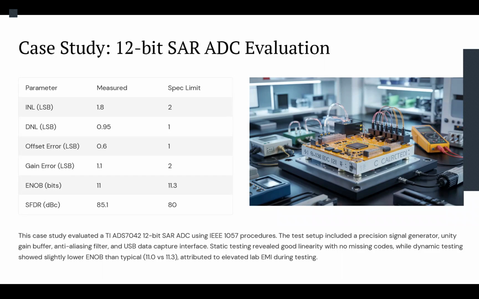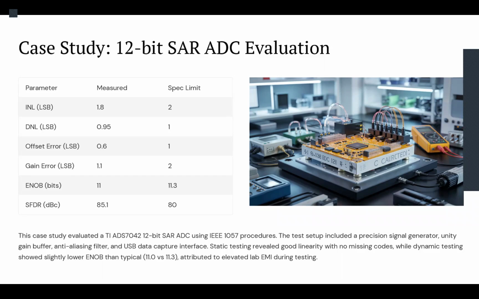Now, in dynamic testing, we apply a sine wave and sample at a frequency aligned with the ADC sampling rate. We run an FFT spectral analysis, and we measure the parameters that are important for us, like the effective number of bits.